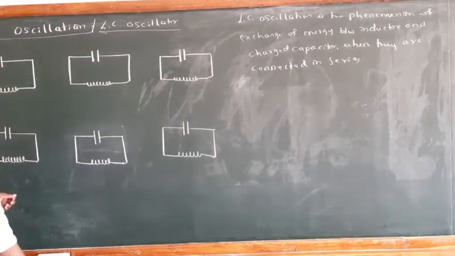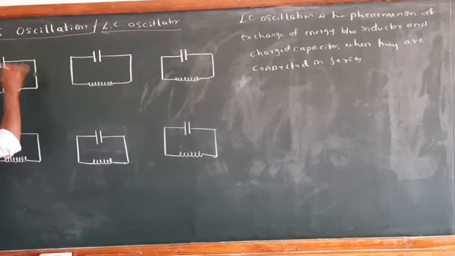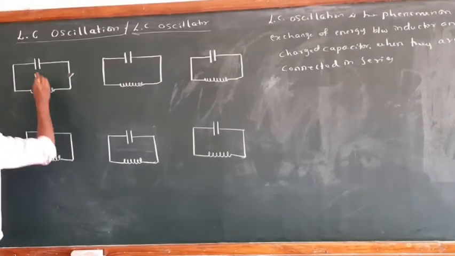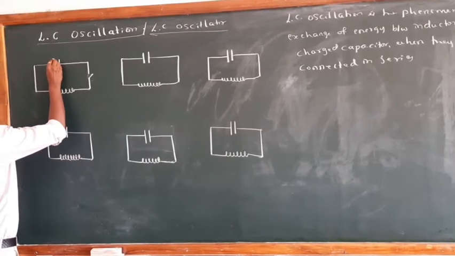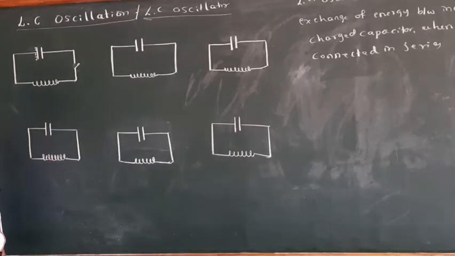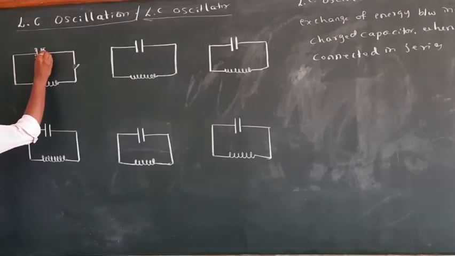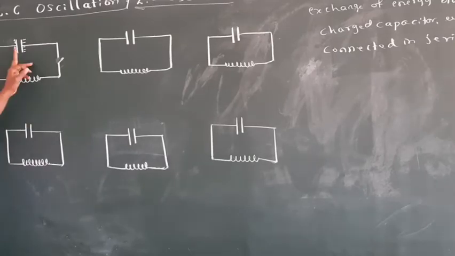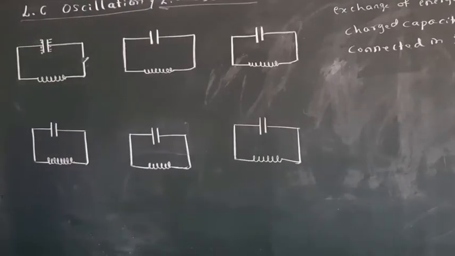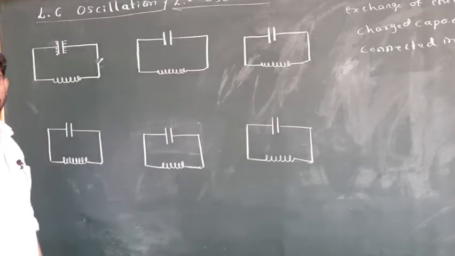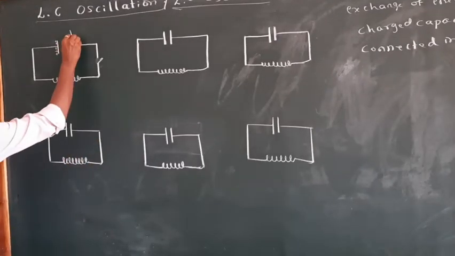Okay, so let us see here. For the first one I take an open circuit. We are taking a charged capacitor where there will be positive charges on one plate and an equal amount of negative charges on the other plate. It is fully charged, and we know the energy stored in a charged capacitor is the electric energy, its potential energy.